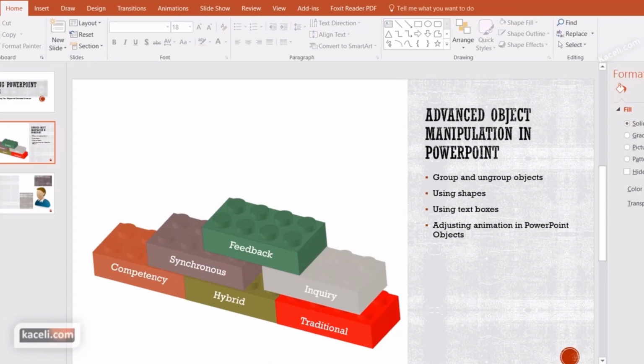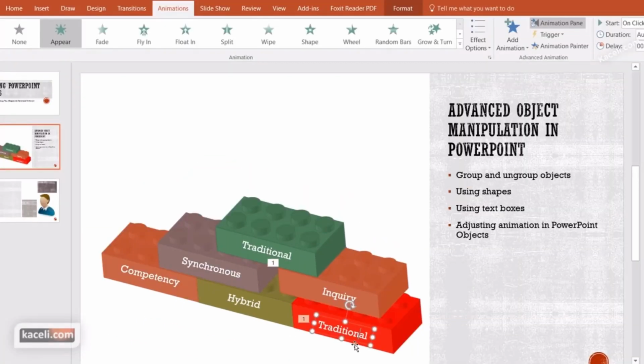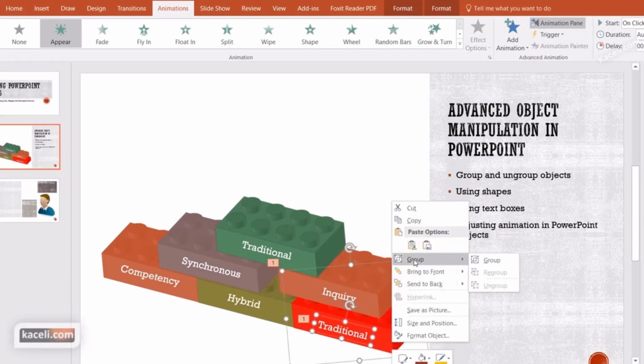Now, if we play this presentation, we have not applied any animation at this point, so everything is going to be presented all in one piece. So you basically need to select the text component and the piece of the Lego, right-click on them, and group them together.